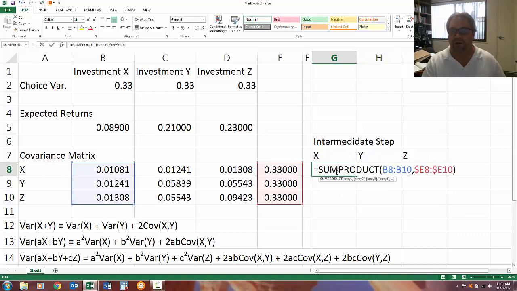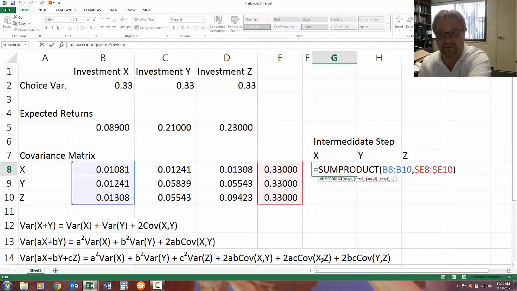There we go. Okay, so in this sum product, I have A times the variance of x, A times the covariance of x and y, A times the covariance of x and z. So if I look down here, I have A times the variance of x, and then A times the covariance of x and y, and then A times the covariance of x and z.